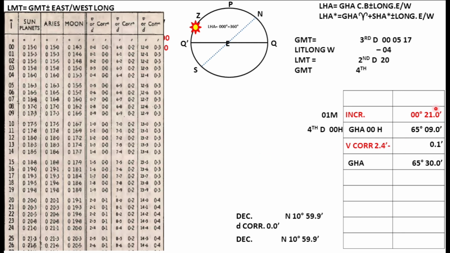As I said, this increment was already including this, so I'll subtract it from here, and I would get my correct increment would be 00 degrees, 20.9. Now I look for 20.9 here, which is 24 seconds. So my correct time would be 1 minute, 24 seconds. So this is how we find out our time for meridian passage.